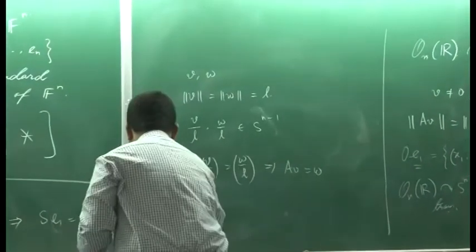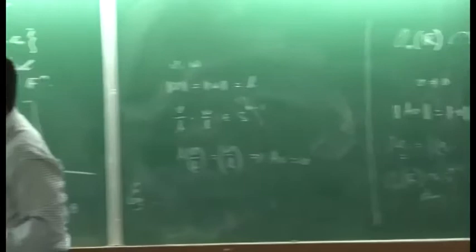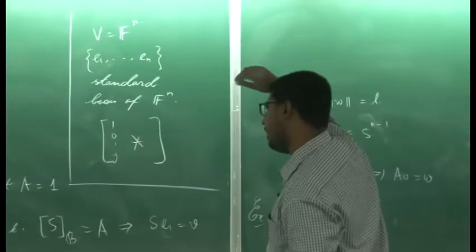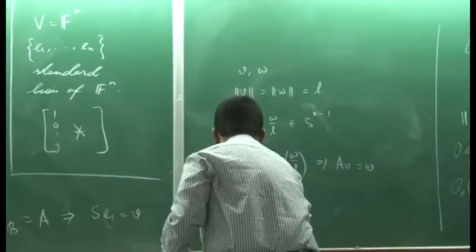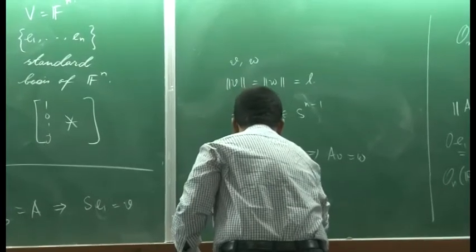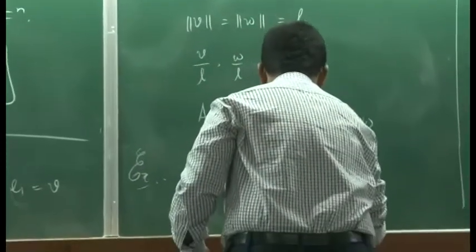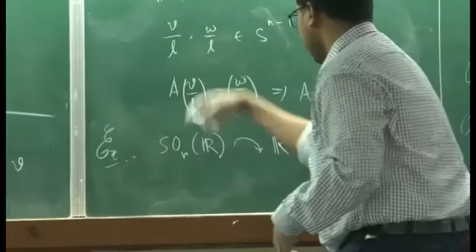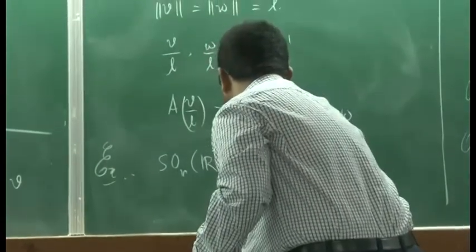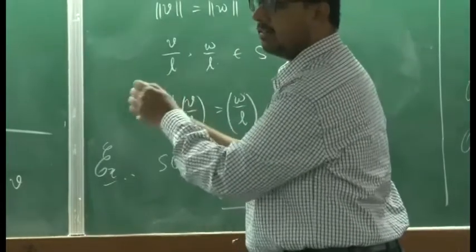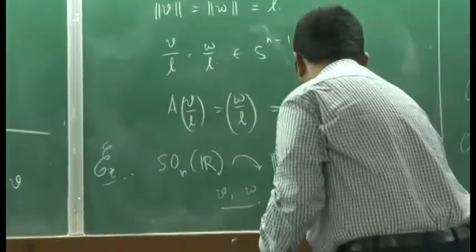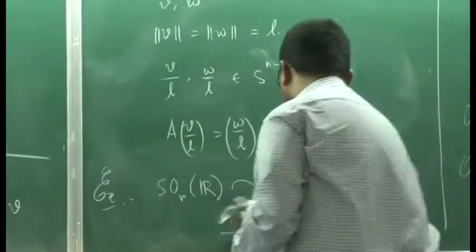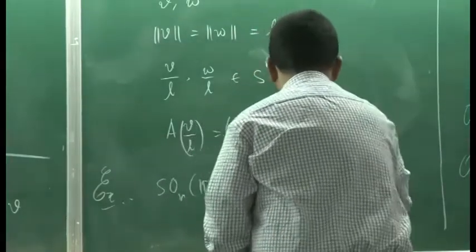Similarly, if you follow the way we worked out everything here, well, this may not work directly, but I would like to leave this to you: what happens with SO_n(R) on Rn. Here, in fact, this is quite easy. Given any two points V and W in the same sphere, there is an orthogonal matrix sending one to the other.